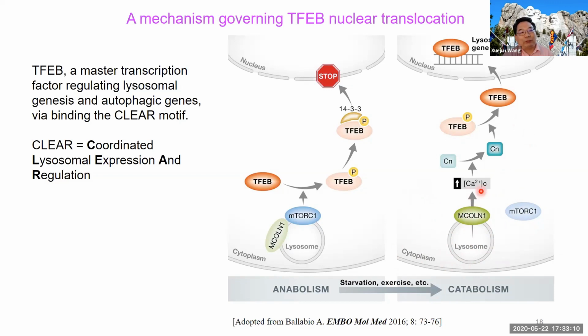That released calcium activates calcineurin, the calcium-calcineurin pathway. Calcineurin serves as a phosphatase to dephosphorylate TFEB, and then the dephosphorylated TFEB can translocate into the nucleus, where it binds to the CLEAR elements and activates the expression of a large subset of genes involved in lysosomal genesis and autophagy. Okay.